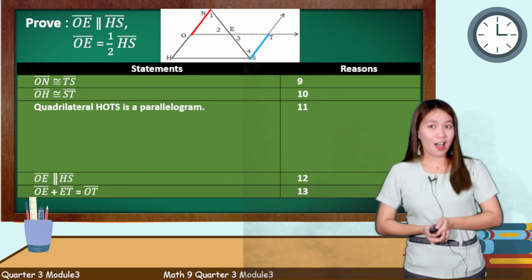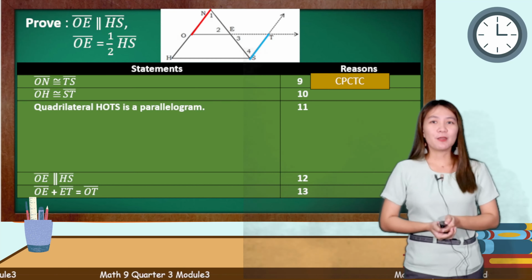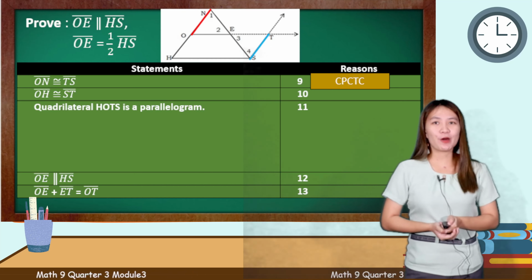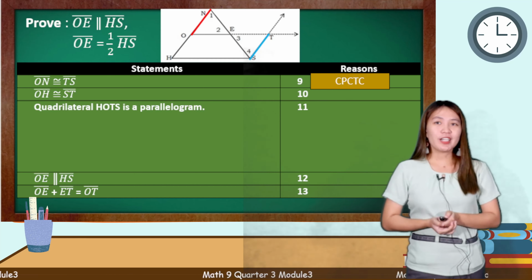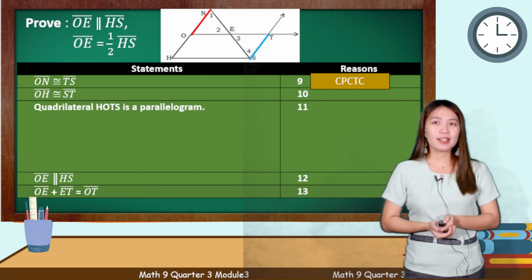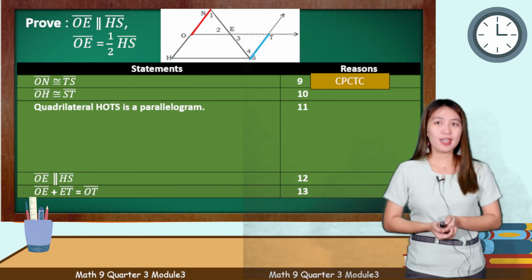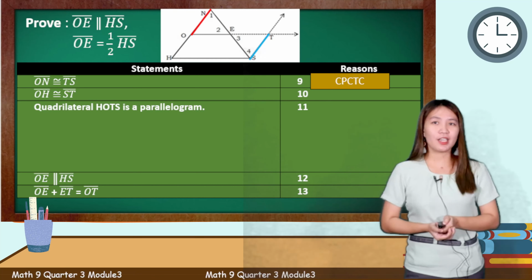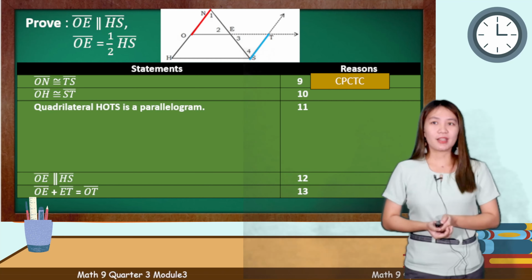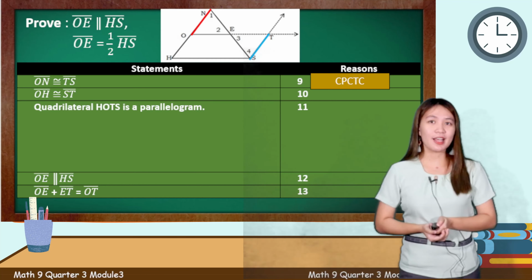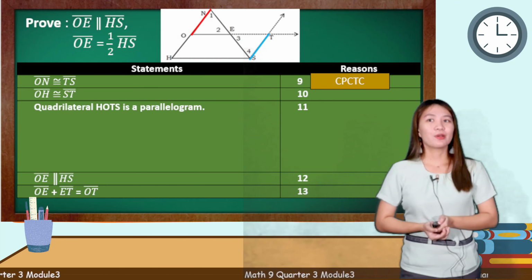That is because of, again, CPCTC or corresponding parts of congruent triangles are congruent. Because earlier we have stated that triangle ONE and triangle TSE are congruent. And since segment ON and segment TS are the corresponding sides, then that means to say that they are congruent.